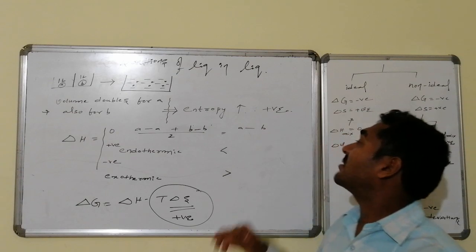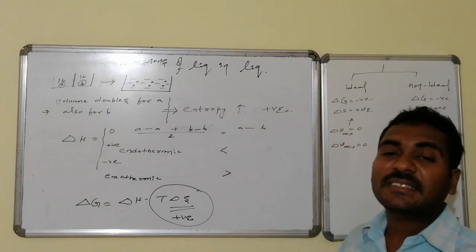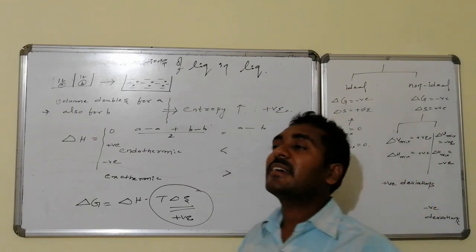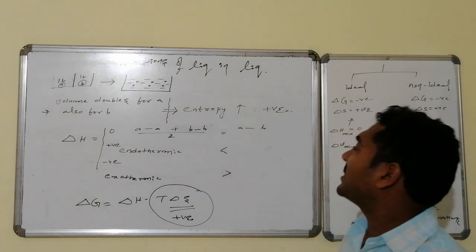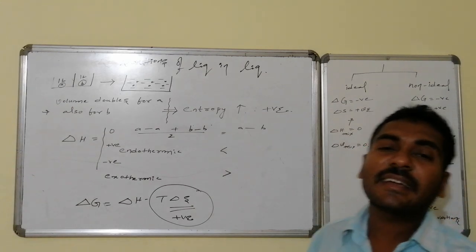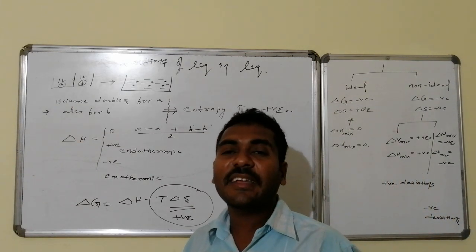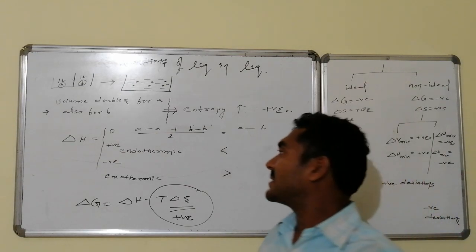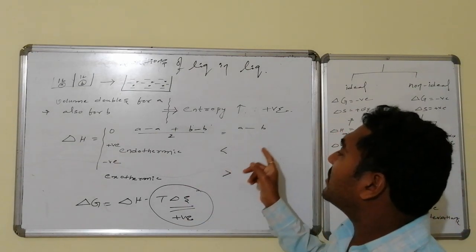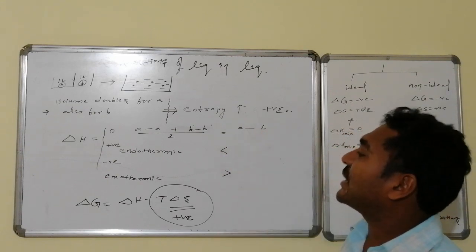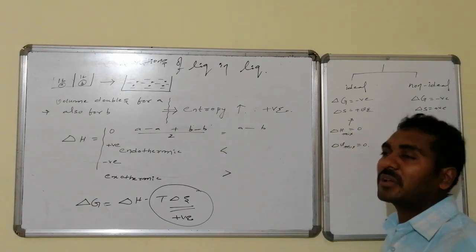Suppose the AB interaction strength is greater. That implies practically A and B are more strongly connected with one another. In order to break that AB interaction, it requires more energy.